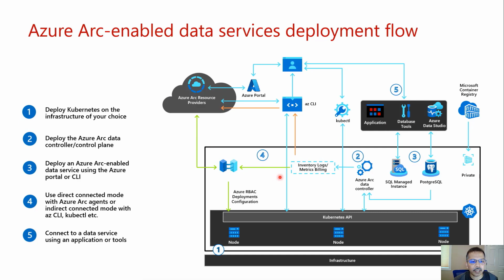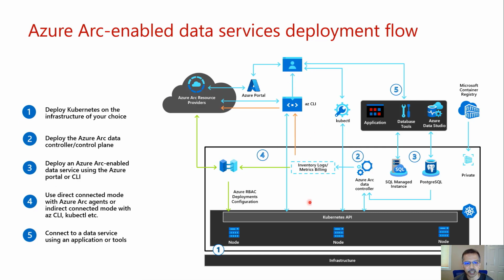In the directly connected mode, which means you're connected to Azure outside of your cluster, Azure Arc agents continuously send data to Azure. This is data relating to the metadata of the SQL managed instance, not the database itself, but it will help you operate all your databases wherever they reside across all environments from a single point of control, which is the Azure portal, the Azure ARM API, and the Azure CLI.